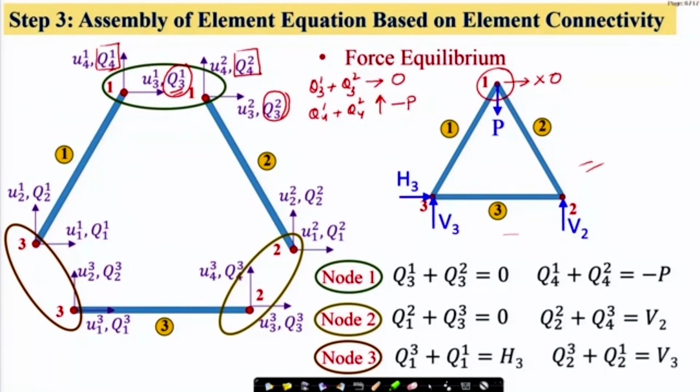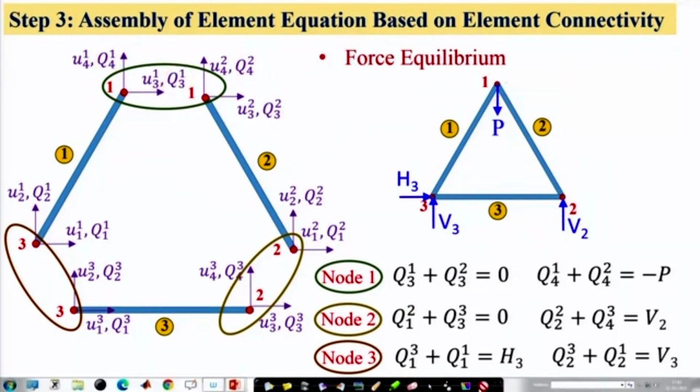So this is the equilibrium condition, and these equilibrium conditions need to be satisfied. Now we know the compatibility condition to be satisfied at the inter-element junction, in this case at the node, and the equilibrium condition to be satisfied at the node.